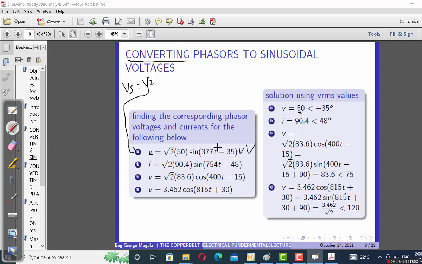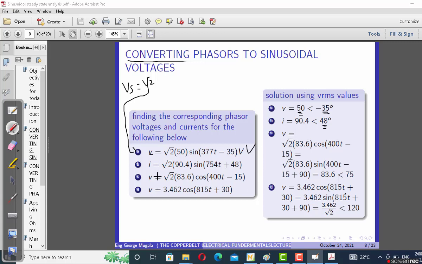Then we have the angle minus 35. You maintain the angle, that's how you convert that. Then we can get the current I. We divide it by root of 2. We can get 90.4, and then we maintain the angle 48. That's how you do it.